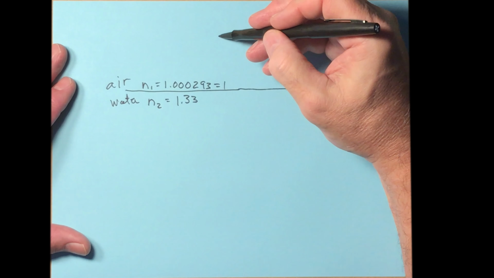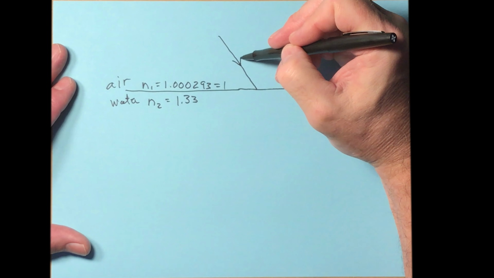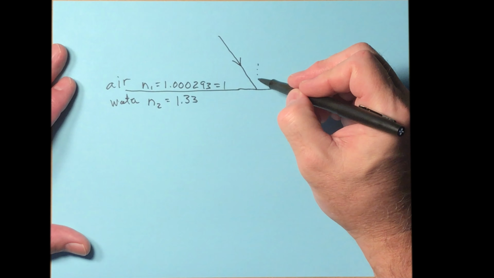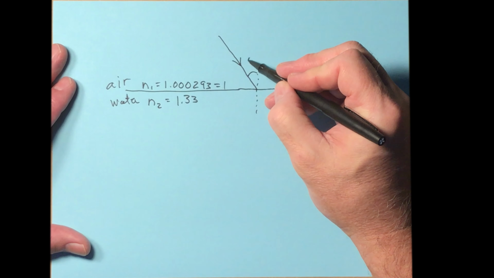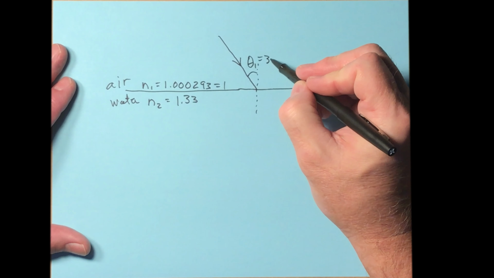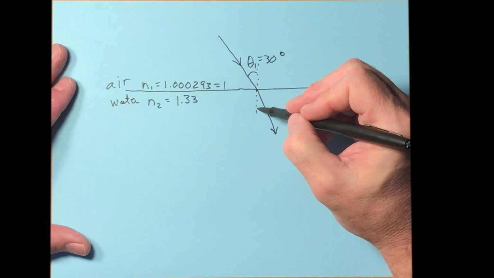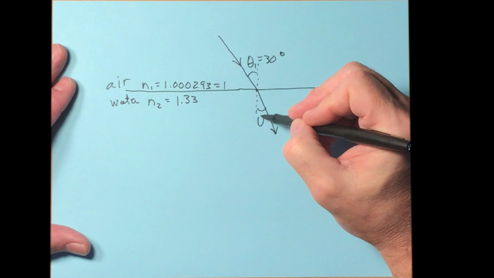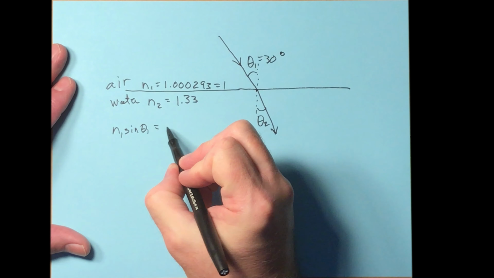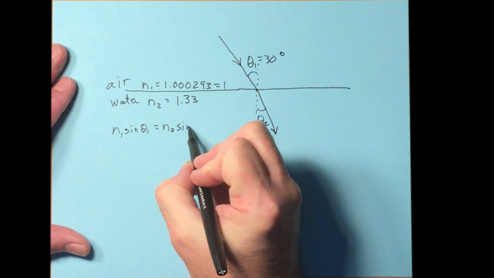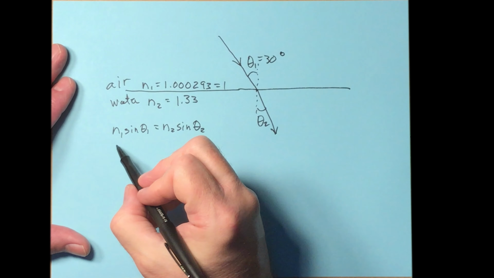So let's say we have a ray of light that's coming along here, and we measure the initial angle, theta 1, is 30 degrees. The question then is, what is theta 2? Well, it's real easy to figure out, since N1 sine of theta 1 is equal to N2 sine of theta 2.